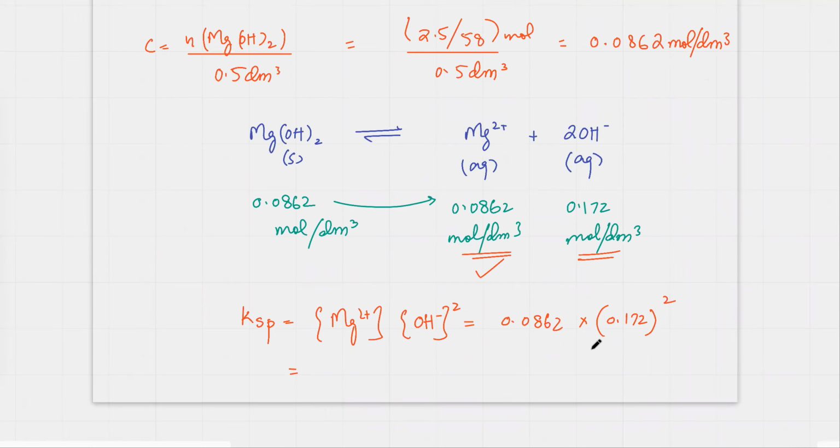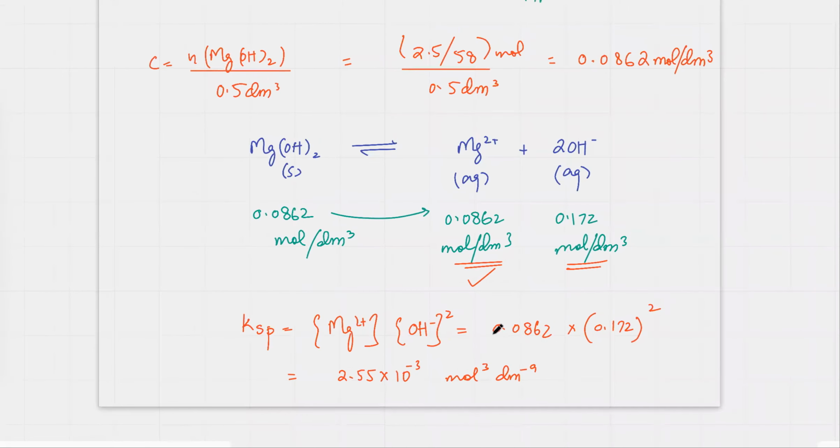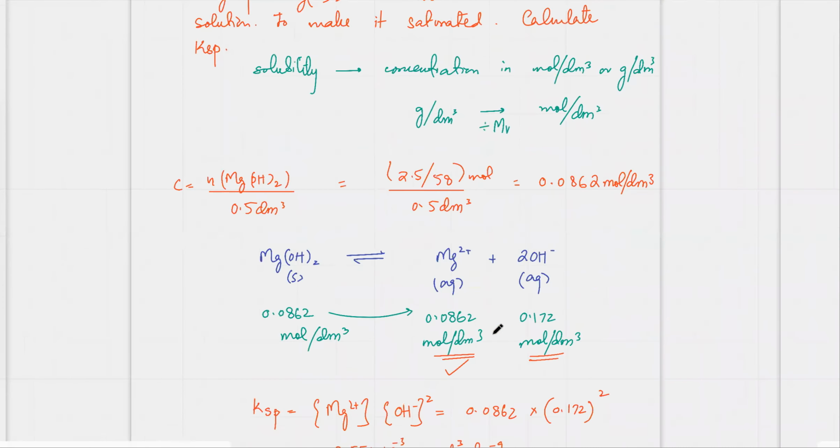It's coming out to be 2.55 times 10 to the power minus 3. I'm not sure, can somebody double check this? The unit is going to be mole cubed dm to the minus 9. Is this clear? Sir, it's correct. So that is how you're going to solve the question. That's one way of solving the question.